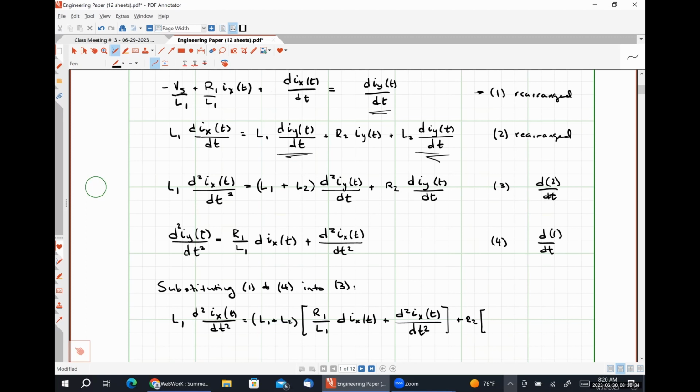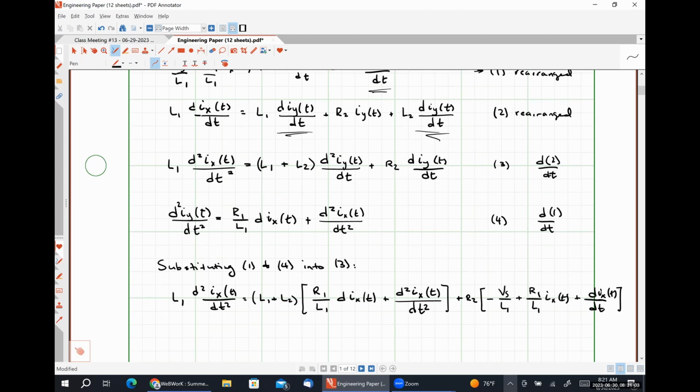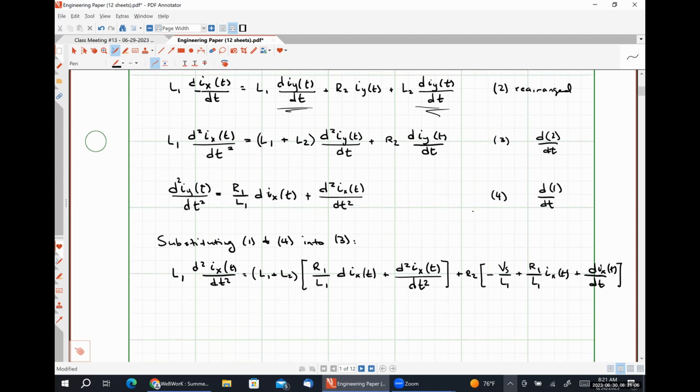So that's going to look like negative Vs over L1 plus R1 over L1 times Ix plus the derivative of Ix with respect to time, close brackets. All right, so now everything is in terms of Ix, so I should be in relatively good shape here.